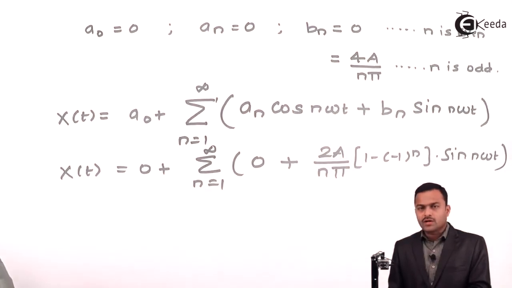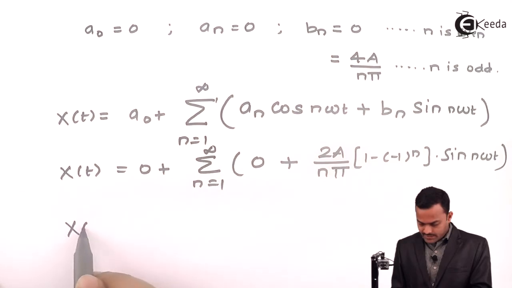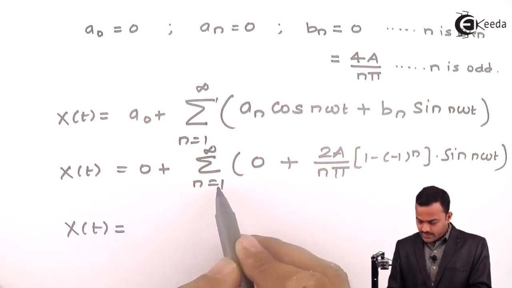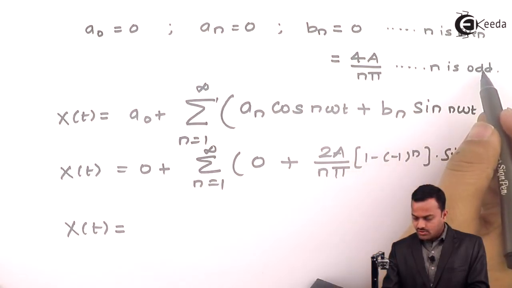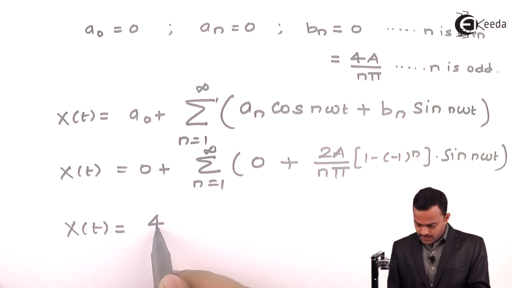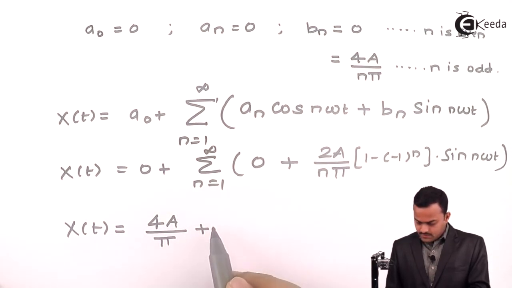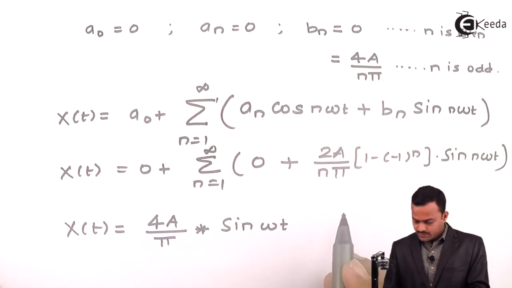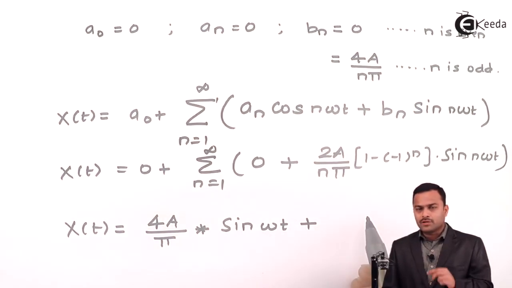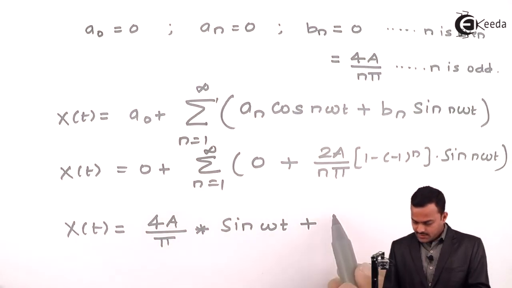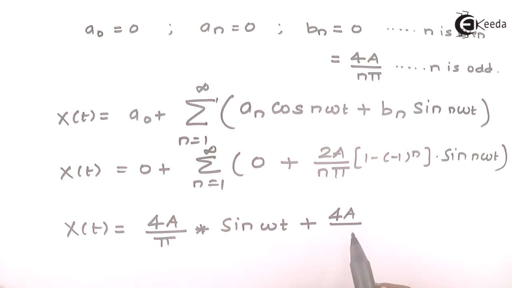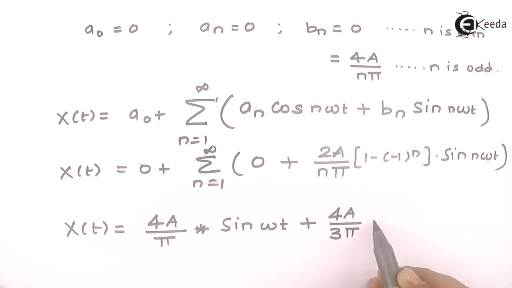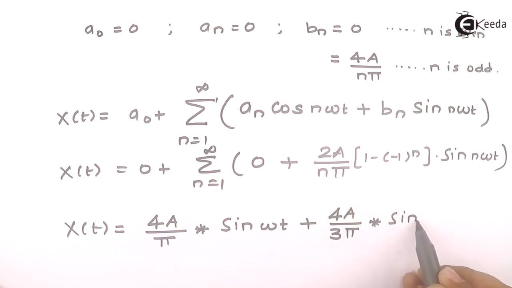So now if I am to write this in terms of a series, I will get x of t as, for n equal to 1 it will start because n is odd, so it is 4a upon pi into sin omega t because n equal to 1. Next term I will get if I put n equal to 3, the next odd number, and that is 4a upon 3 pi into sin 3 omega t likewise.